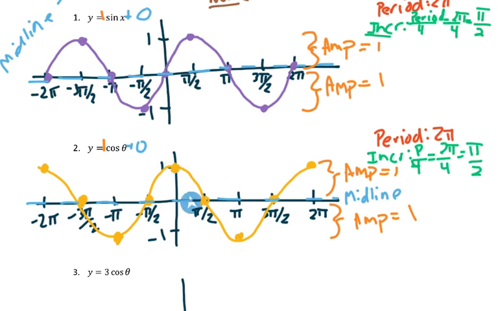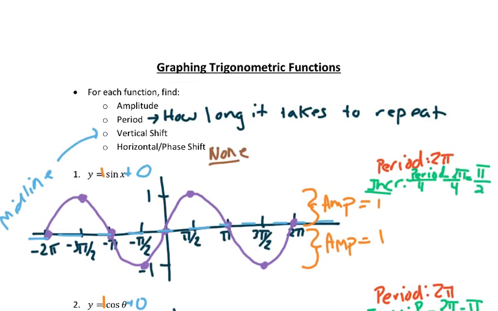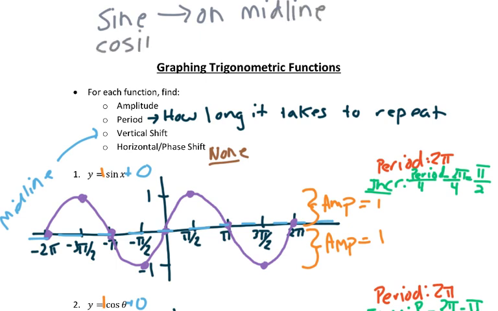Cosine is going to start above or below the midline. It's going to start above if it's positive. It'll start below if it's negative. If sine is negative, it's still going to start here, but instead of going up first, it'll go down first. So I'm going to write that at the top. Sine starts on the midline. Cosine starts above or below.